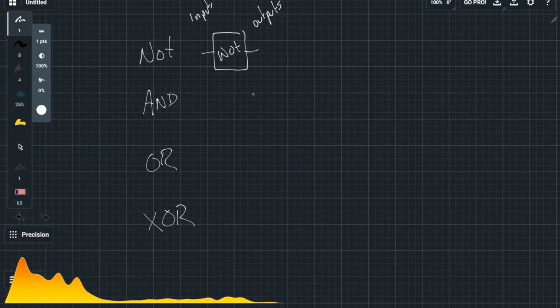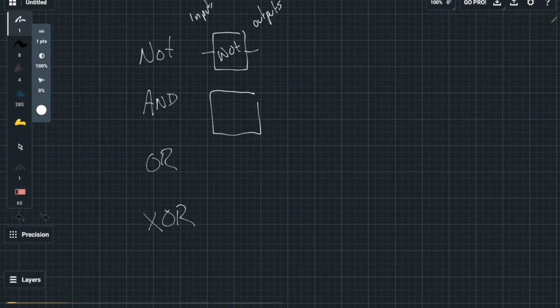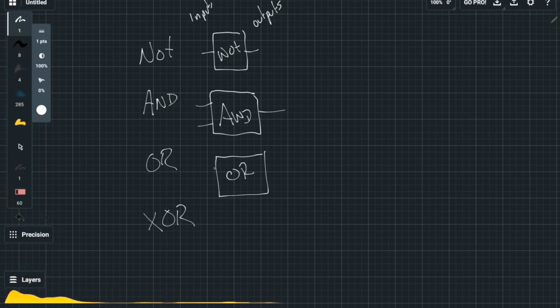And let's draw one for AND. Now remember, AND has at least 2 inputs. 1, 2, and the output over here is 1. So this one's going to be AND. And we'll just draw these out too for the same reason. We've got OR. OR has 2 inputs at least, 1 output. XOR, the same way, has at least 2 inputs and 1 output.